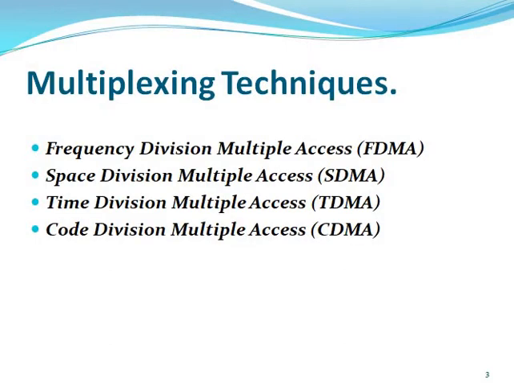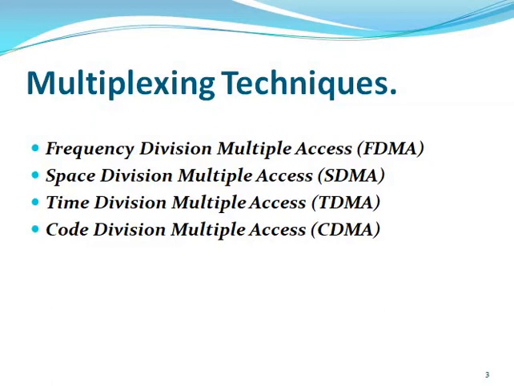In the previous lecture we discussed multiplexing techniques: frequency division multiple access, space division multiple access, time division multiple access, and code division multiple access. We discussed the use of frequency, space, time, and code in multiplexing.